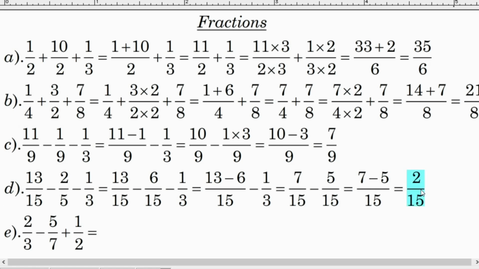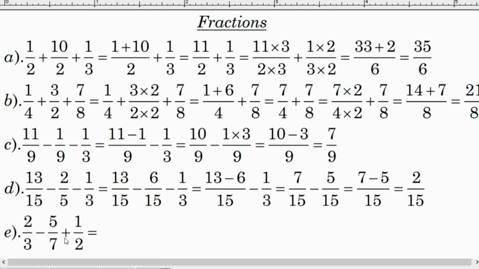So that is the final answer. Okay, so now here we have 2/3 minus 5 divided by 7, and then plus 1/2. So we have minus and plus together.